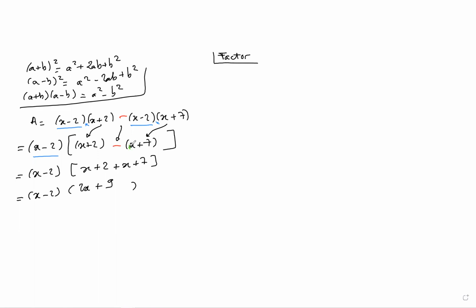Be careful, because this minus, in fact, is minus 1 times the rest of this. It's minus 1 times this and minus 1 times this. This is a plus, right? It wasn't written. When the sign is not written, it's a plus. So this multiplication by minus 1 will change the signs of every number in there.